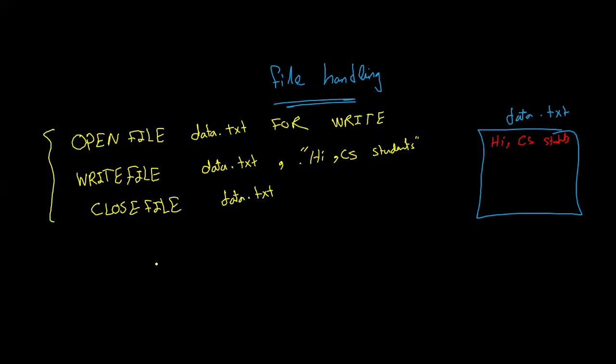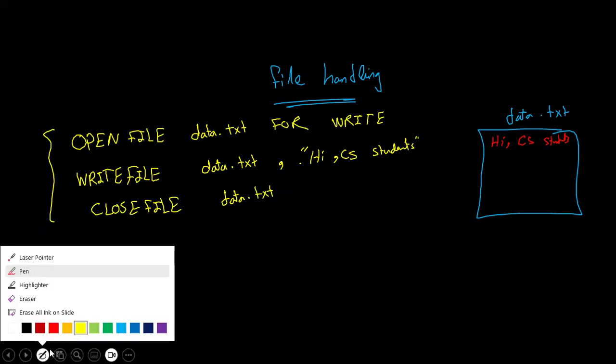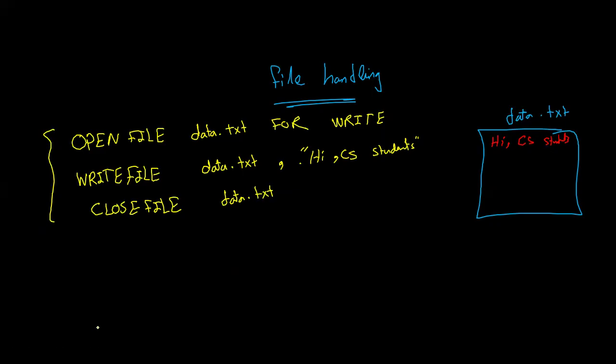If I want to do it in Python, how can I do it? You will write file equal open, and mention the name of the file, data.txt. If you want to write, you write between double quotation marks W. And then what do you want to write on it?